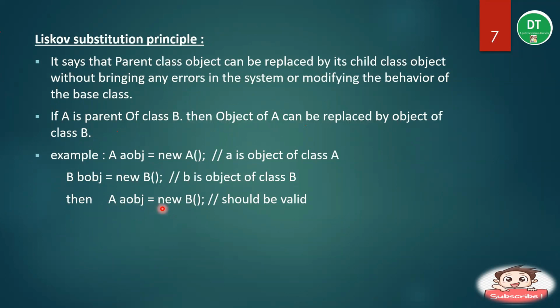So it should be valid, and there should not be any change in the behavior of A obj. The behavior should be the same, and we are able to replace the A obj, that is the parent class object, with the child class object.